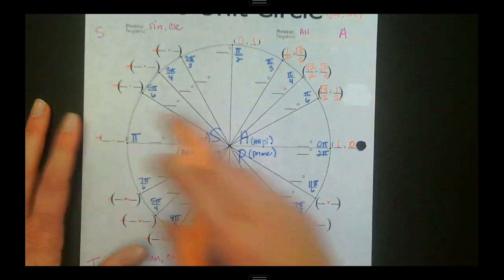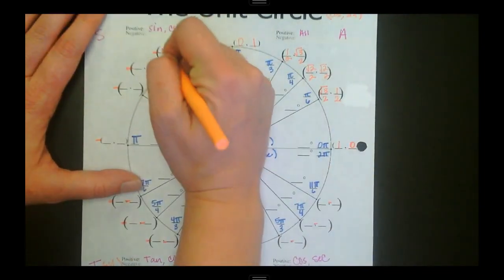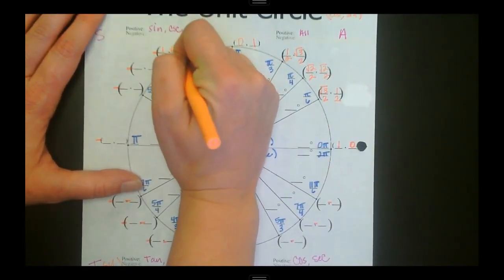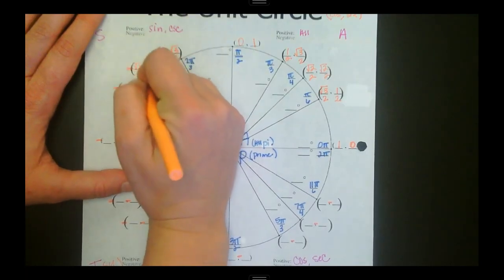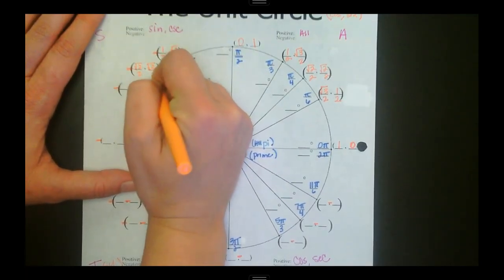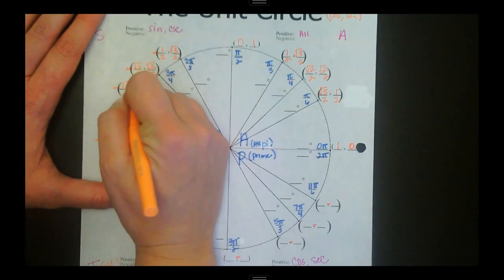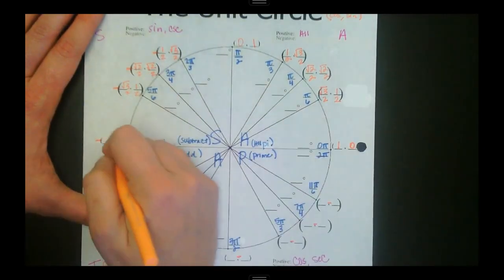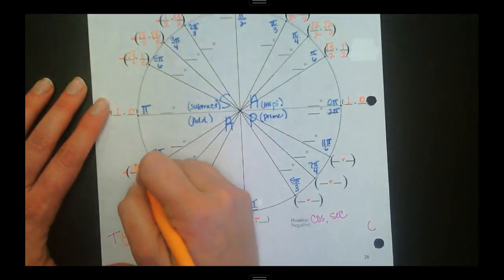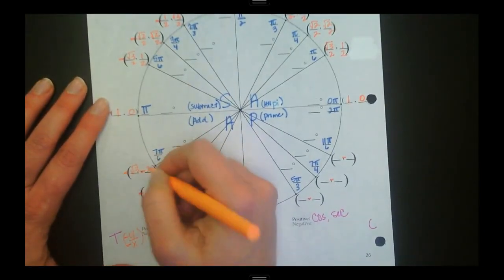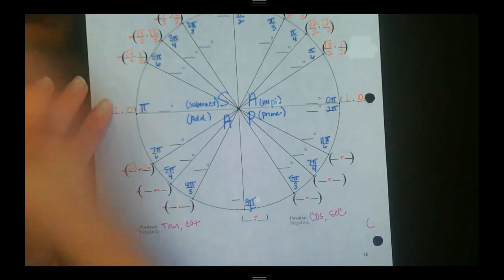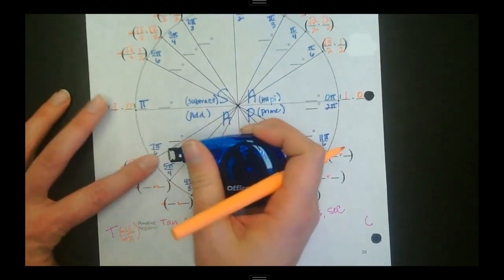And then from here, we're just going to mirror image them over. And we know that based on all students take calc, which ones are going to be positive and which ones are going to be negative. Down here, same thing. Make sure you're doing the 30 degree with the 30 degree and not the 60 degree.